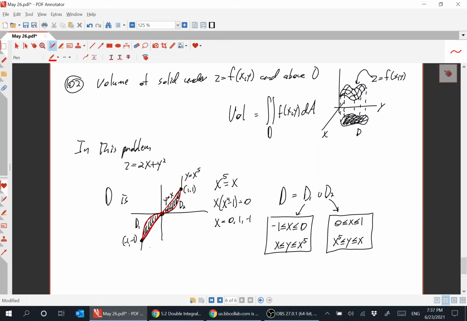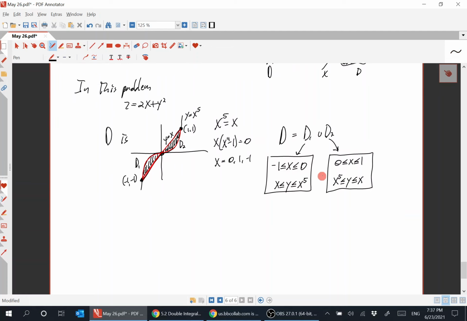So to do the double integral, you've got to split it up into two sub-integrals. And probably, I think maybe the answer would be the same over each subregion.